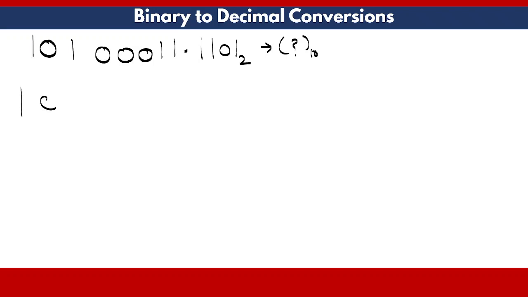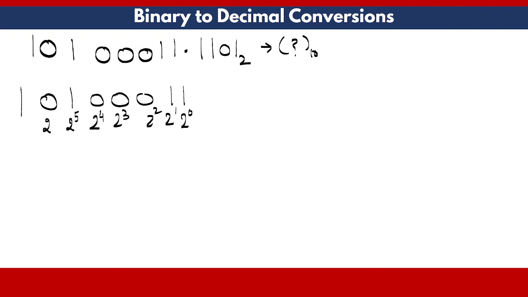So let us write first the whole number part and write down their weights. Even if the corresponding bit is 0, write the weight below it so that you don't leave out any weight in the given sequence. So we will now just add up those weights where the value is 1.